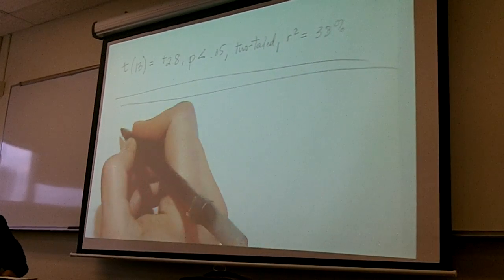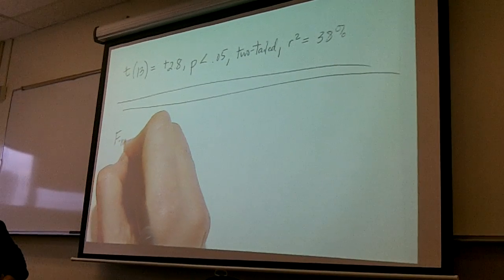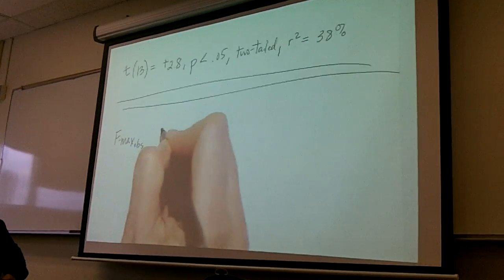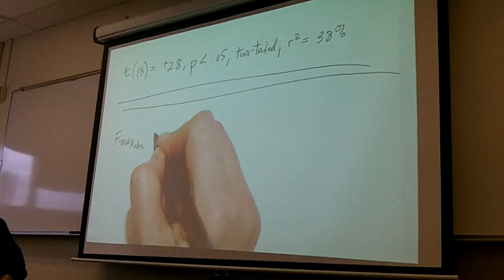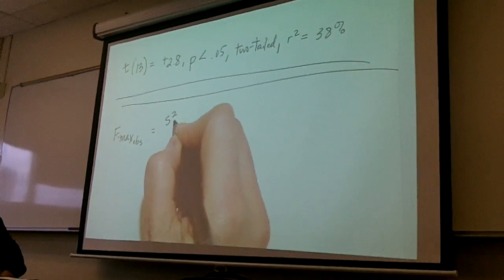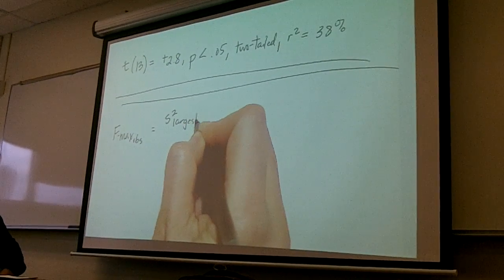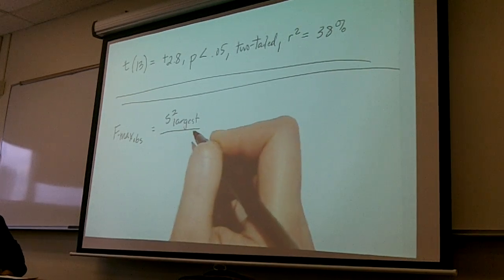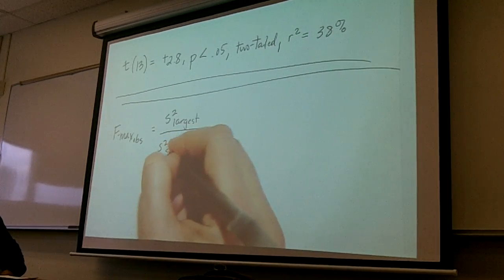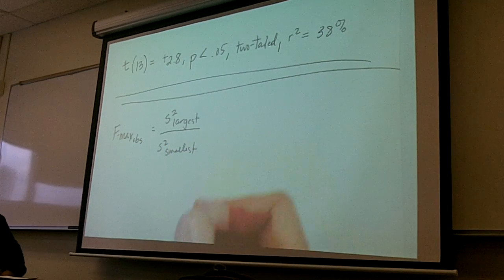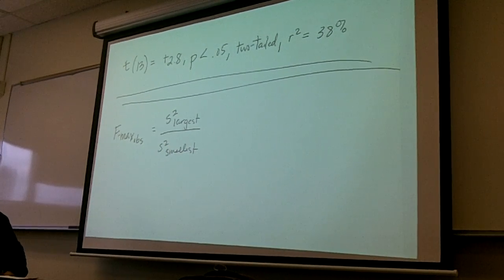In order to do Fmax, Fmax observed is the larger sample variance, or the largest sample variance for all the samples you're looking at, divided by the smallest sample variance for all the samples you're looking at.